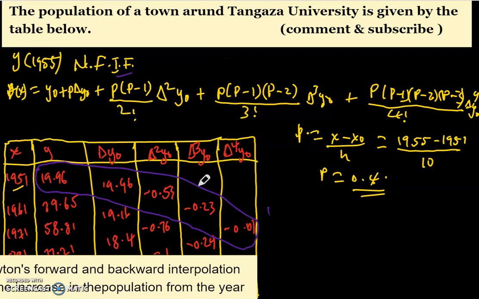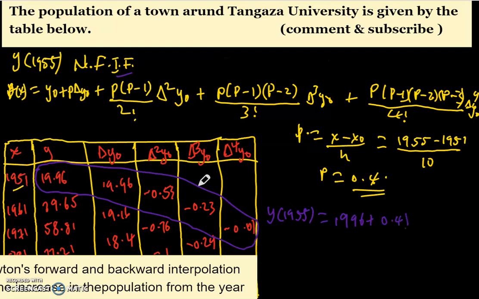So our y of 1955 will be given by y naught, which is 1996, plus p. Our p, we got 0.4.